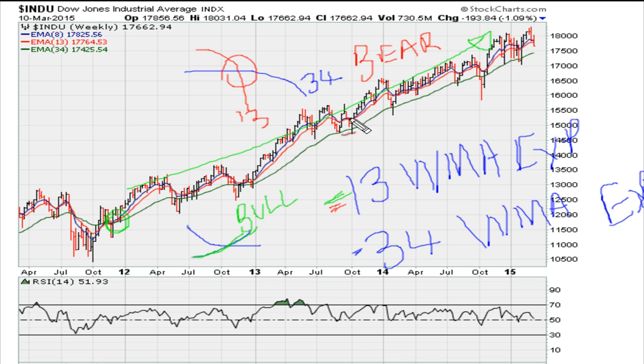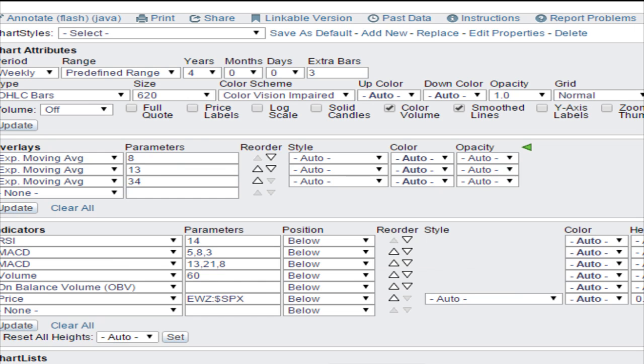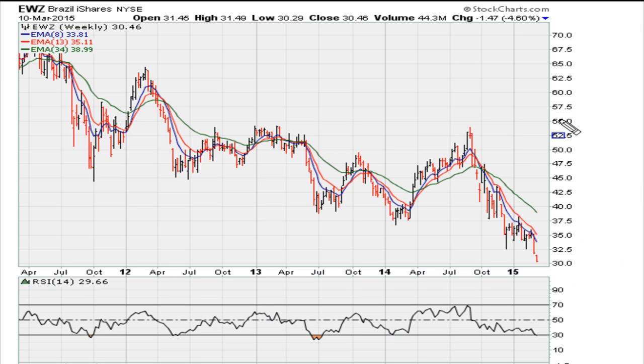Generally speaking, that's one way of doing it. The 13 crossing above or below the 34 determines the direction of the market, generally speaking. And let's take a look at a market, that Brazilian market, which has been struggling, and we can see that the Brazilian market had a bearish crossover with the 13-week moving average moving below the 34-week moving average.